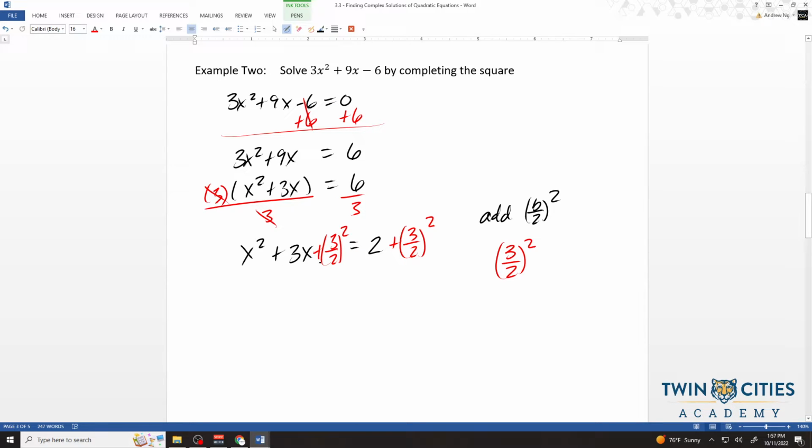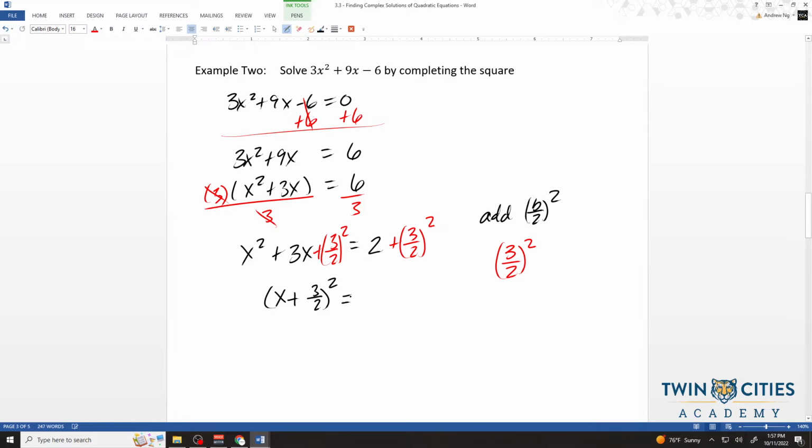All right, this will always factor to a set of parentheses here, a binomial squared. The square root of the first term, x squared, is x. The square root of 3 halves squared, well, that's just 3 halves. And then the sign in the middle, move that over a little bit. The sign in the middle was this plus 3x, so that means that I'm going to have a plus sign in the middle here as well.